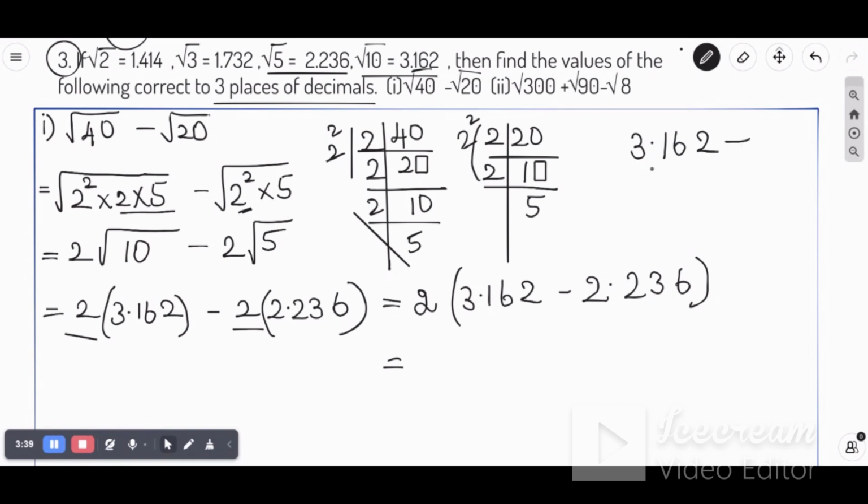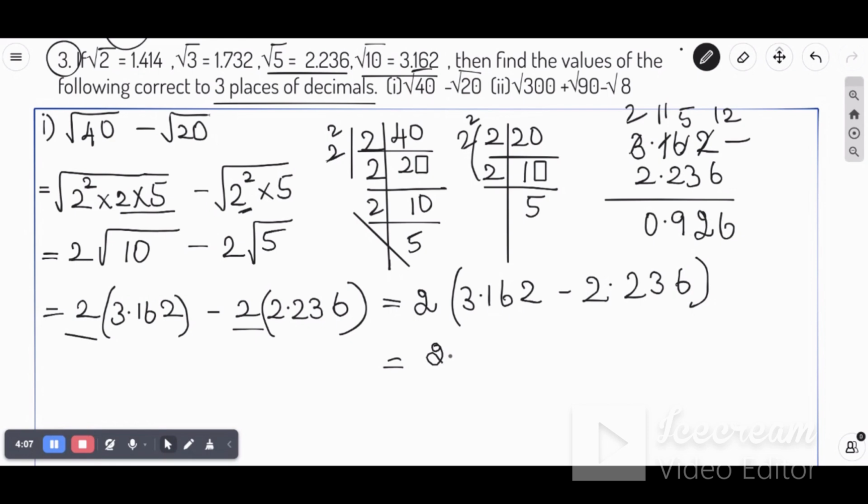3.162 minus 2.236. So what's happening is, you take this 12 and then this will be a 5, and this could be your 5, 6 again. 5 minus 3 is 2. Be always very careful, though it might seem simple, because sometimes if you enter wrongly, the total question will be wrong. 0.926.